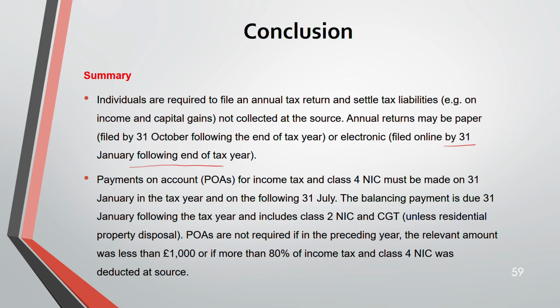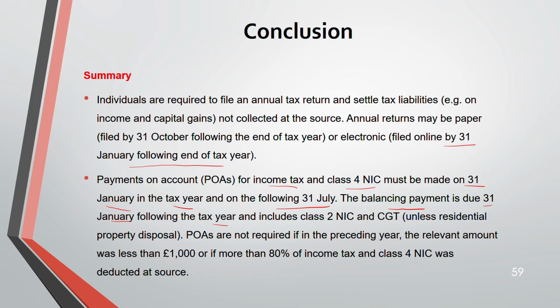Now, payment on account. Payment on account is done for two types of taxes, income tax and Class 4 NIC. There are 3 installments. First payment on account is 31st January in the tax year. Next, the following 31st July. Balancing payment is 31st January in the following tax year.